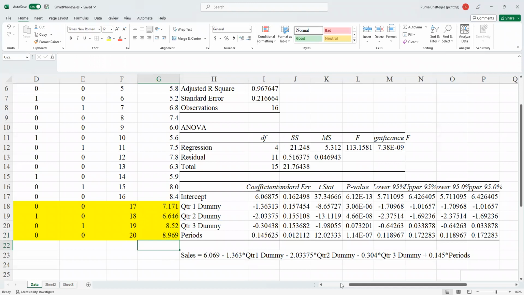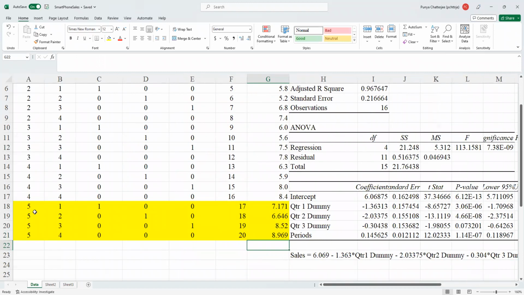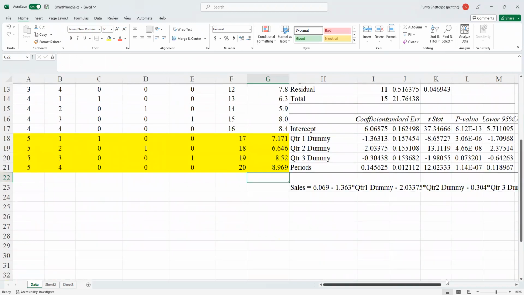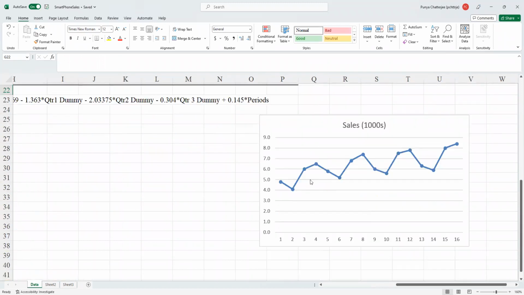These are all your forecasts for year 5. And this is how you forecast data which has both seasonality and trend.